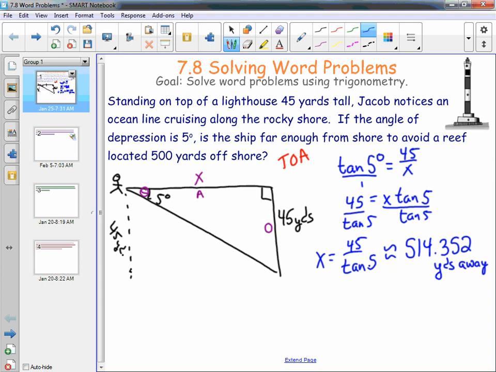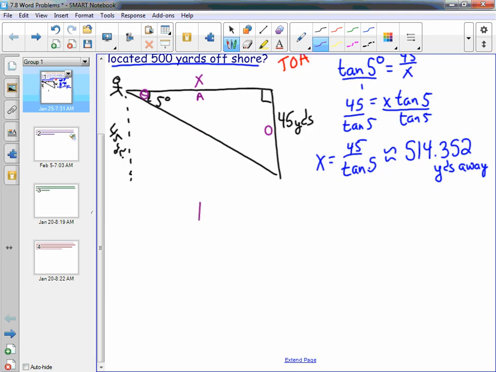But when we look back at our problem, it says, is the ship far enough from shore to avoid hitting a reef that is 500 yards offshore? Is 514.352 greater than 500? Yes. So our ship is safe from the reef.